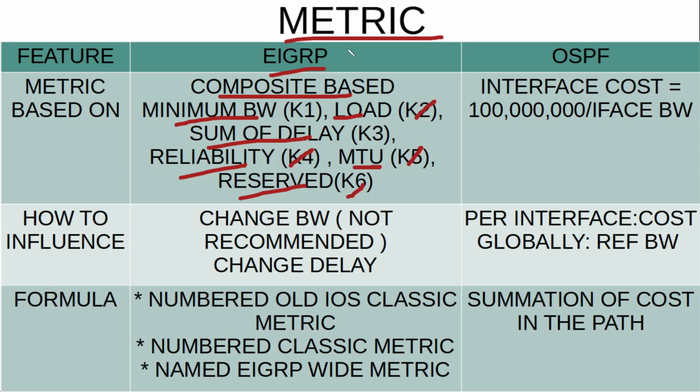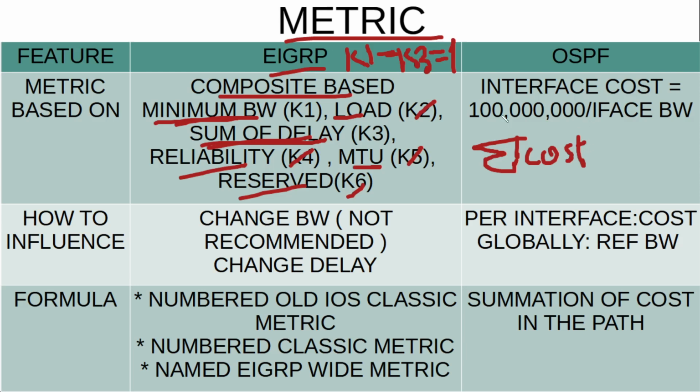So we usually have K1 equals 1 and K3 equals 1. So we are going to take into account only minimum bandwidth and the summation of the delay for EIGRP. For OSPF, we are going to do some summation of costs.